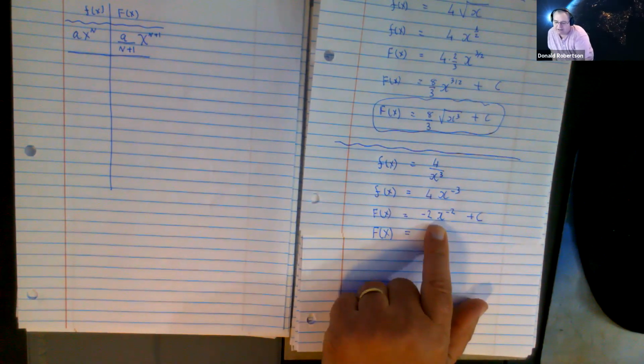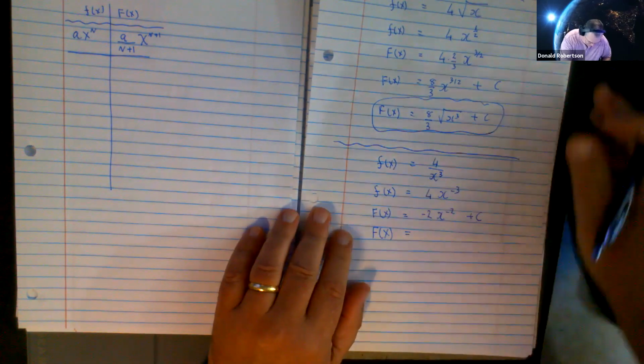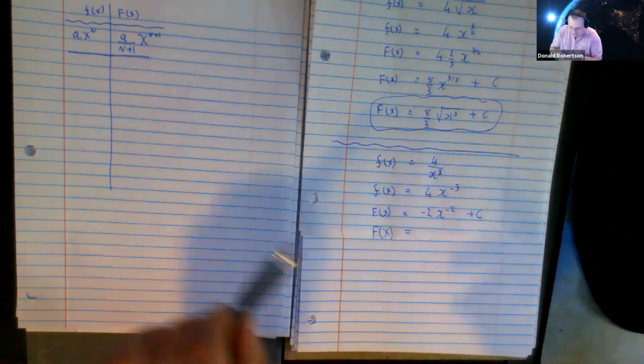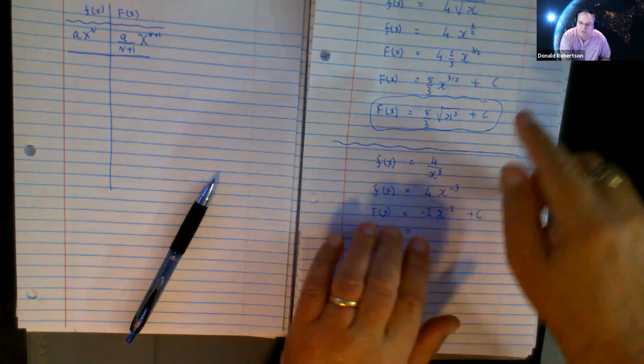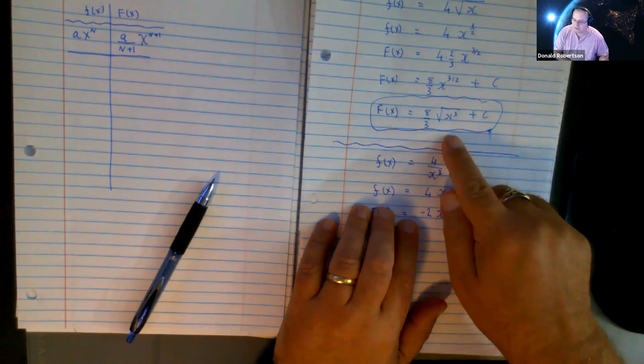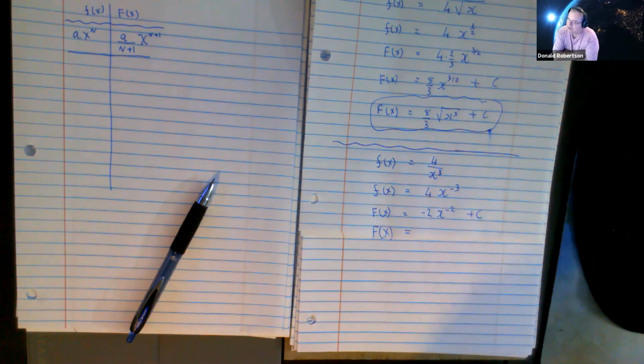This is not in the form that we want. So let me give you a couple of the rules. The first probably major rule in the style point world: make your answer look like the original. So if your original had square roots, your answer should have square roots. If your original was a fraction, your answer should probably be a fraction. That's the first rule, and of all the rules, probably the most important one. The next rules are obviously things like simplify your fractions.